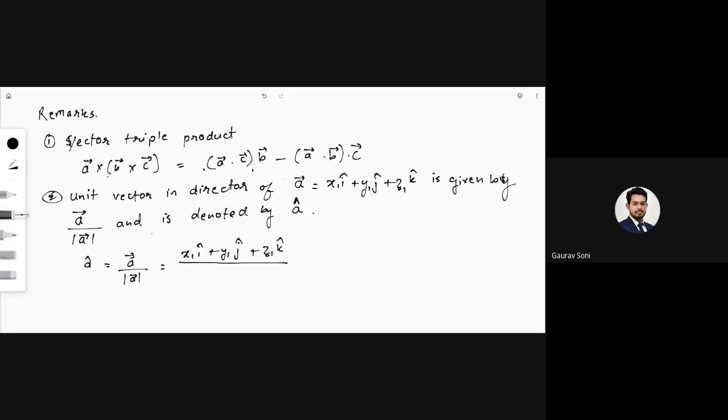Both of those answers are wrong. Anyone else? Sir, square root of x square plus y square plus z square. Very good. So it is under root of x1 square plus y1 square plus z1 square. This is the way I can find the unit vector, or convert a given vector to a unit vector.